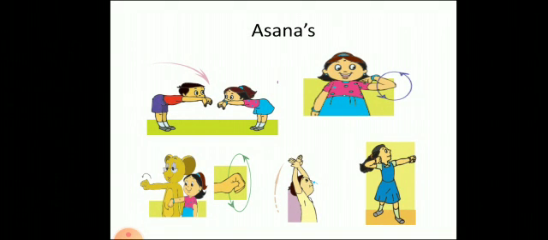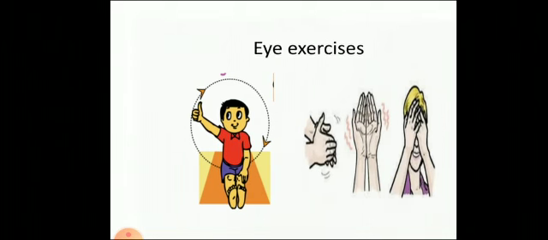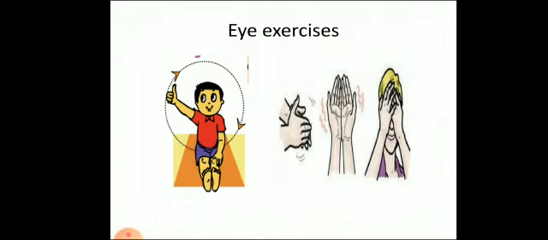Because we spend more time using our computers or electronic gadgets, especially in this lockdown situation. For this purpose we have to do simple exercises and asanas while working with our computer. Next we discussed eye exercises, which are very familiar and easy.